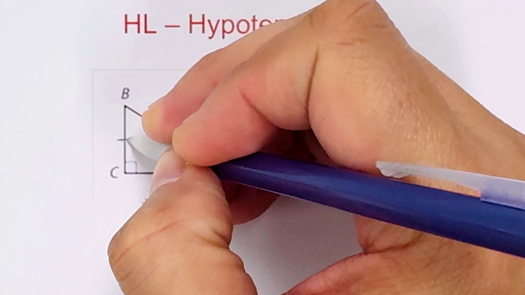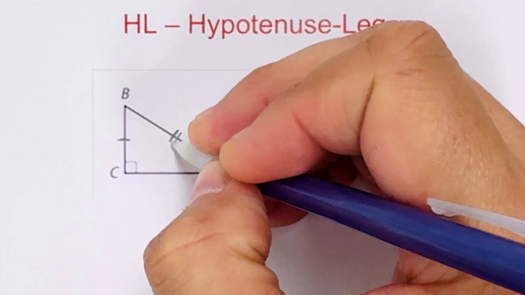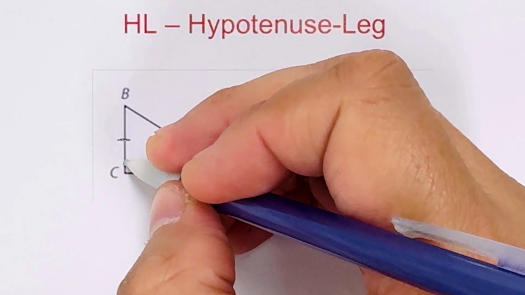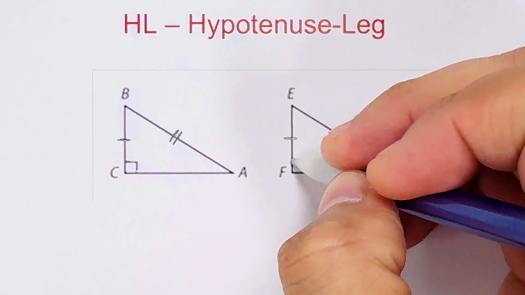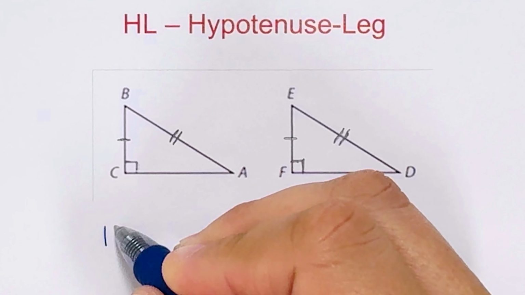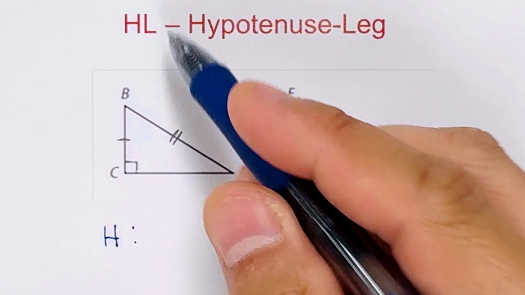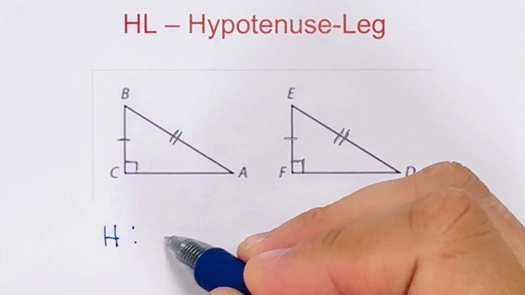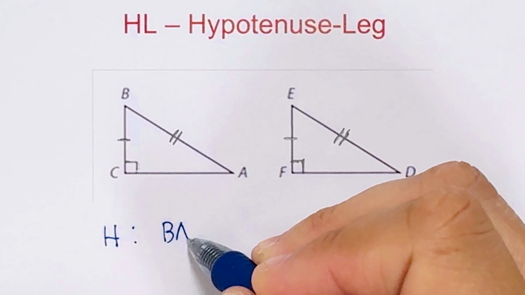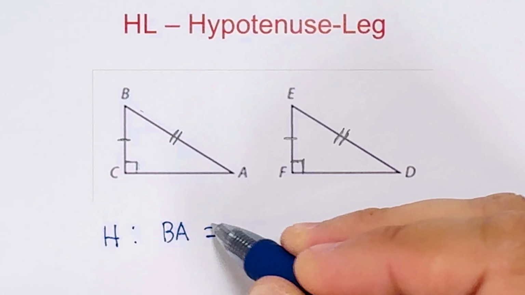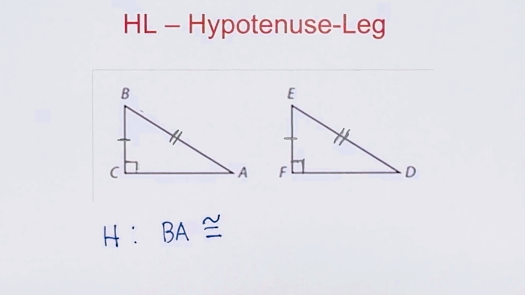By the way, there's a tick mark here and there's also another tick mark, if it's not clear. And there's a small square. Okay, now let's identify the hypotenuse here because we say HL. The two corresponding hypotenuses would be BA. That's the hypotenuse. What is the corresponding hypotenuse on the other triangle?